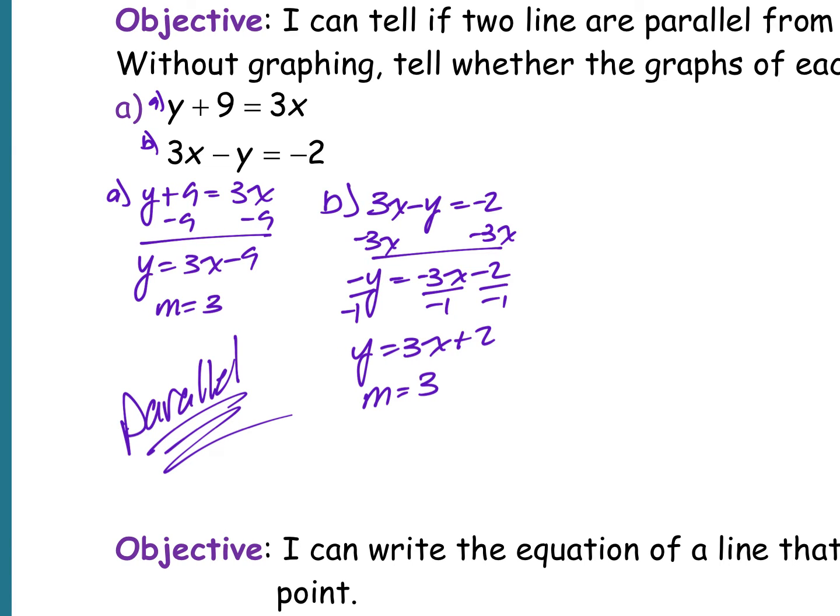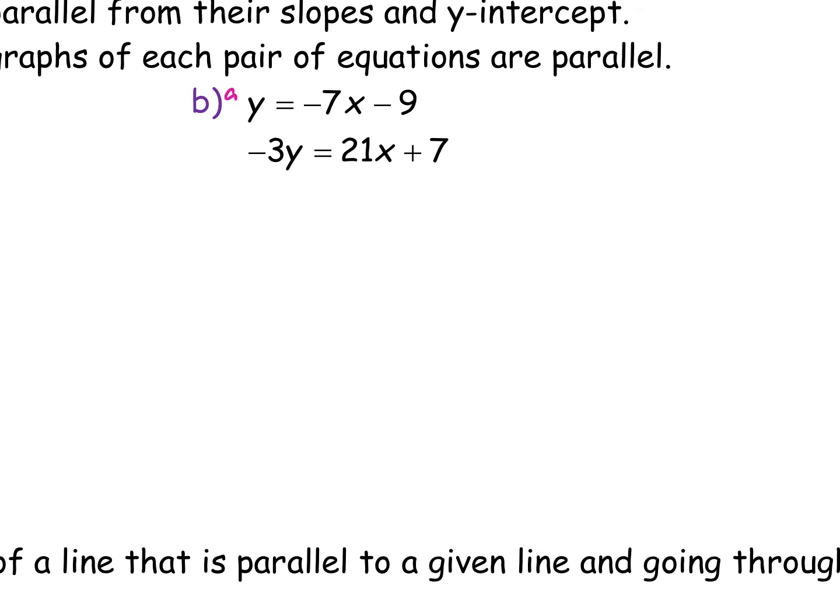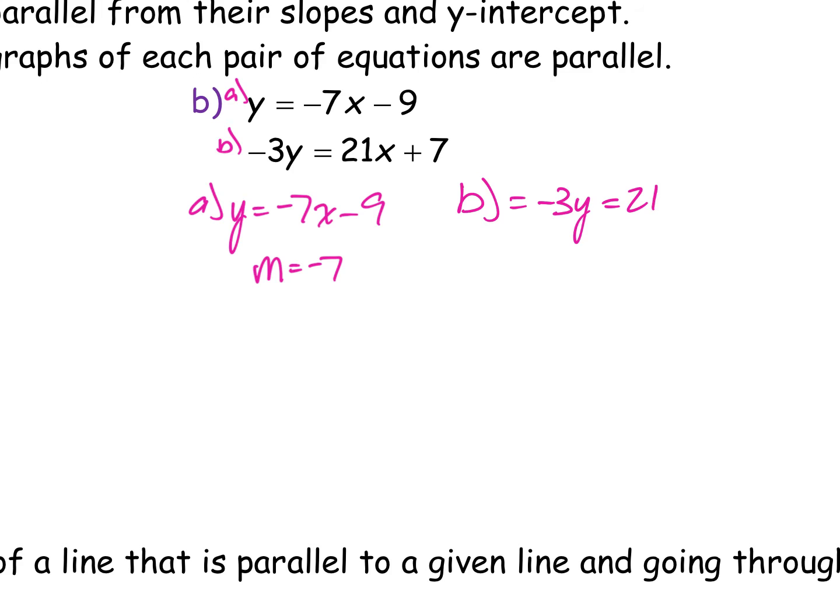You good? Okay. So letter B, we've got A and B. A is already in y-intercept form, thank goodness. So what's my slope? -7. And B, let's see, we've got -3y equals 20x plus 7.